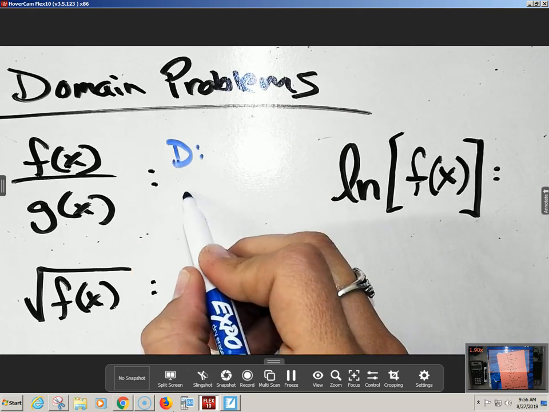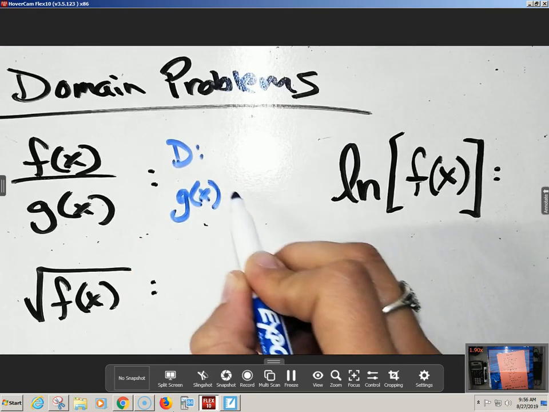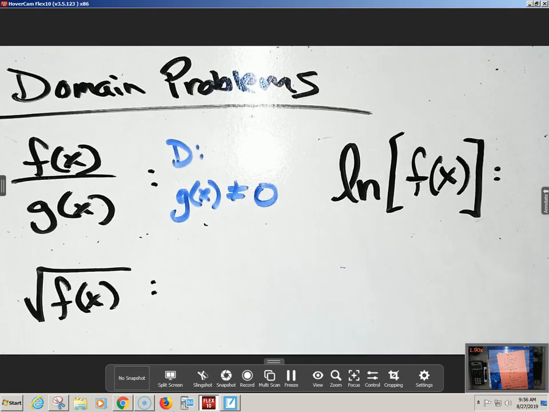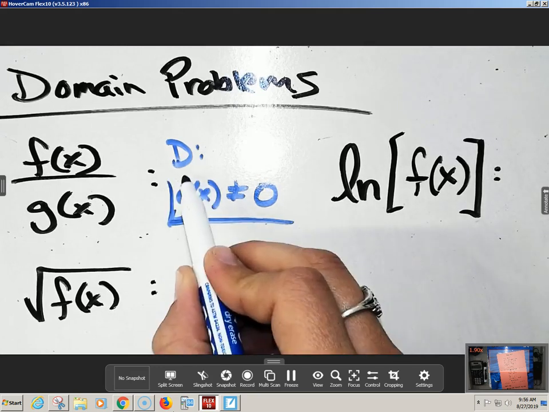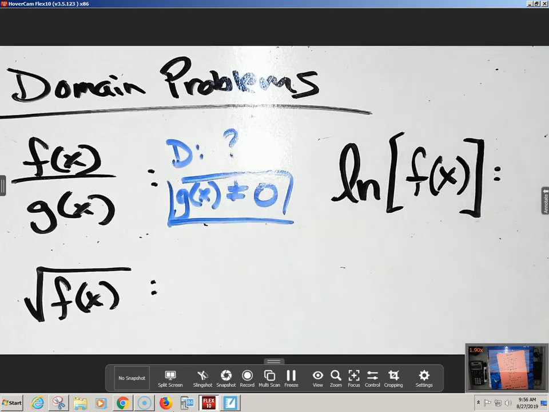What can't be true of denominators? Okay, but hold on. What's the domain trying to find again? X values. So we would have to take this expression, and wouldn't we have to solve for x to fill in our domain? Yes. Okay, cool. And that's usually going to be with factoring whenever we're dealing with zeros, right?